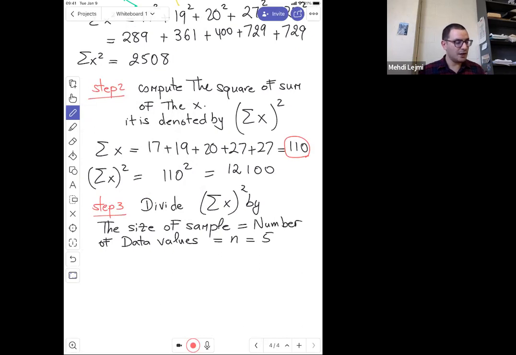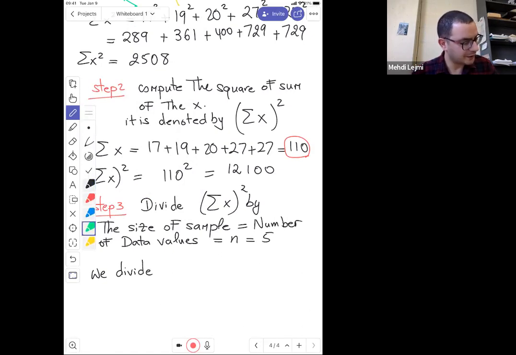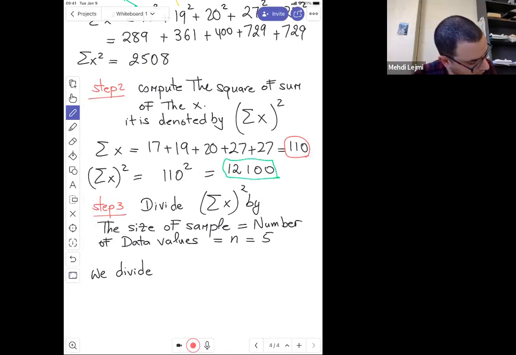So what we need to do is divide our answer in step 2. Our answer in step 2 was 12,100.